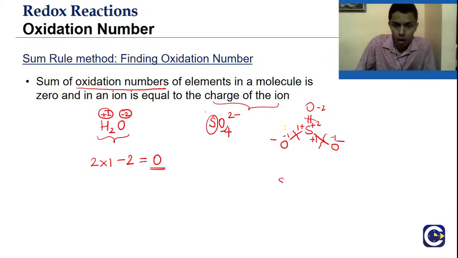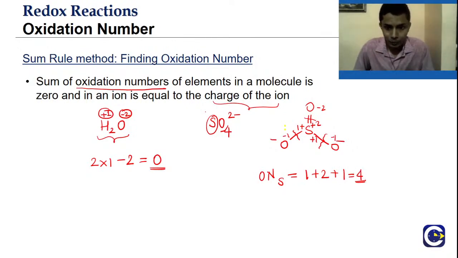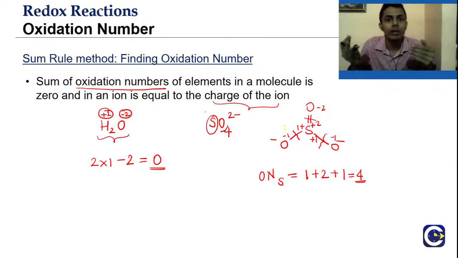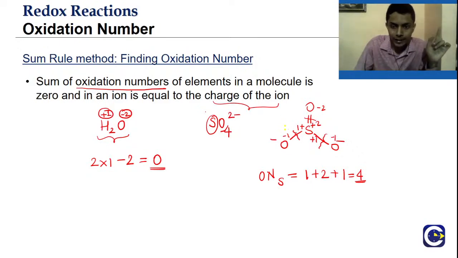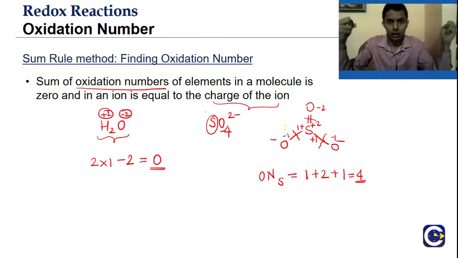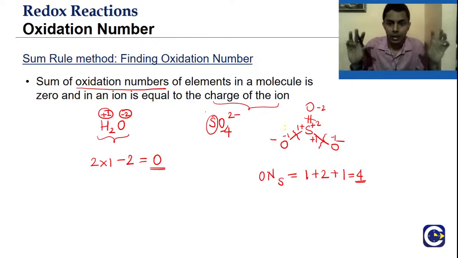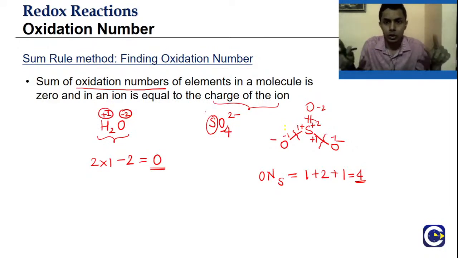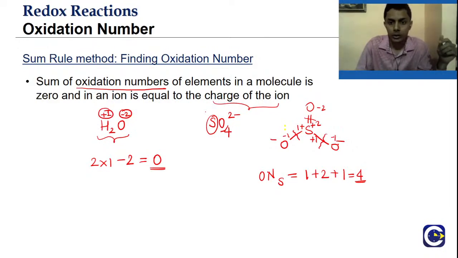So altogether on sulfur, the oxidation number will be 1 plus 2 plus 1, which is 4. Clear? You have to be careful which one will get negative and which one will get positive. When this bond breaks, oxygen is obviously more electronegative, so it will take away the electron from all sides. Sulfur will be left with a positive charge, plus one, and then plus two where there are two bonds. Meanwhile, on oxygen, it will be minus one, and there is one minus charge also, so it will be minus two.